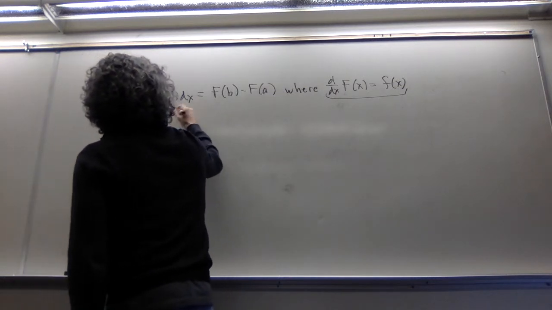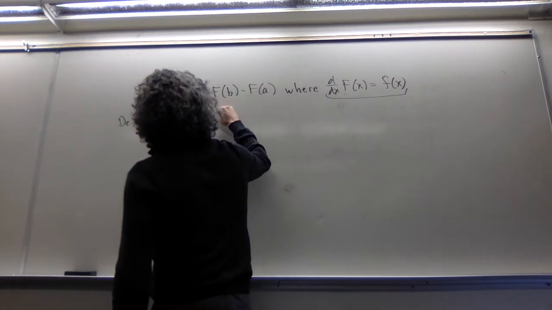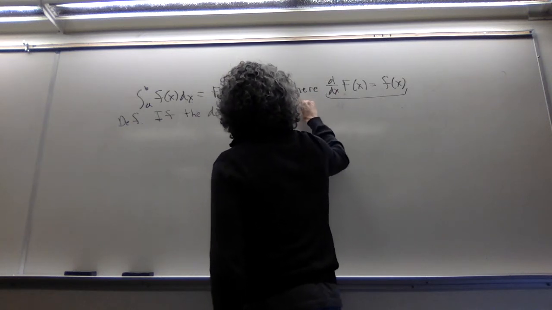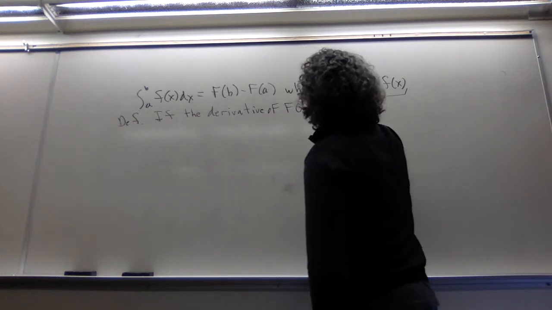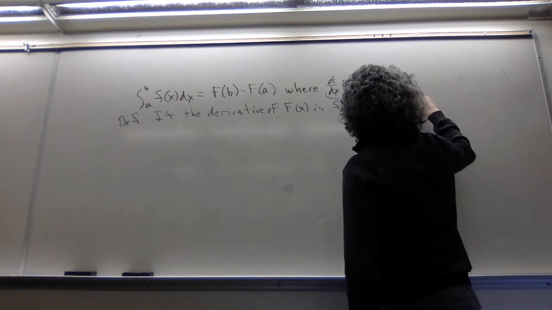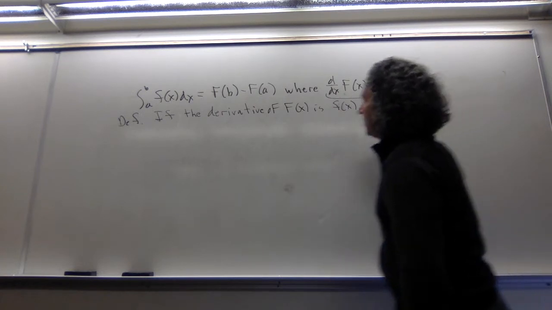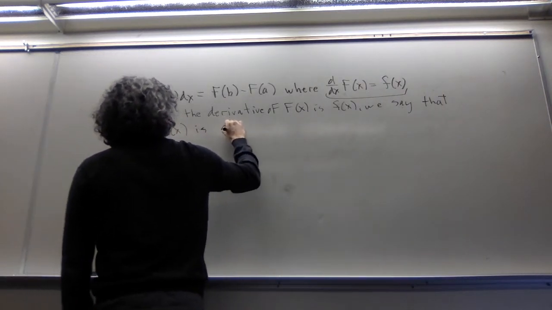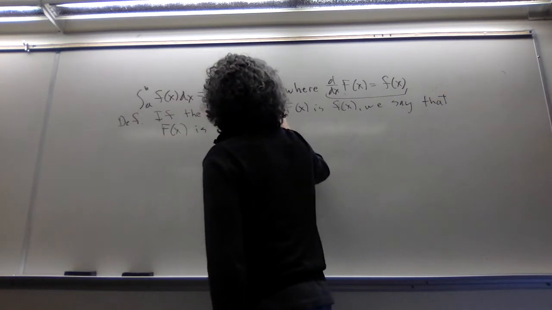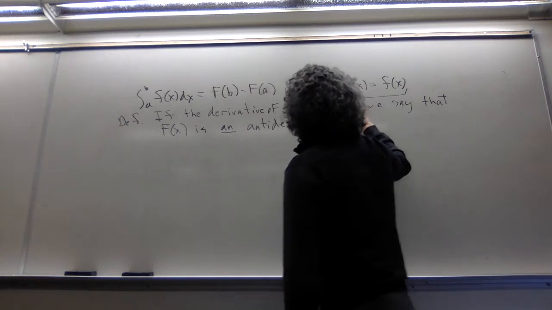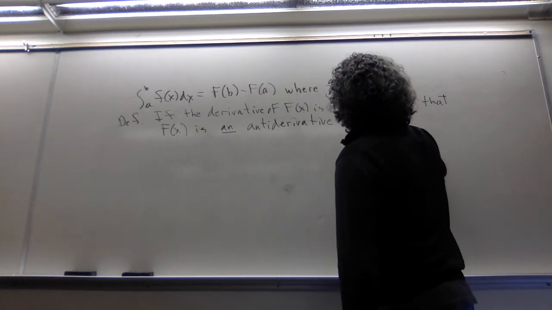If the derivative of big F of x is little f of x, we say that big F of x is an antiderivative of little f of x.